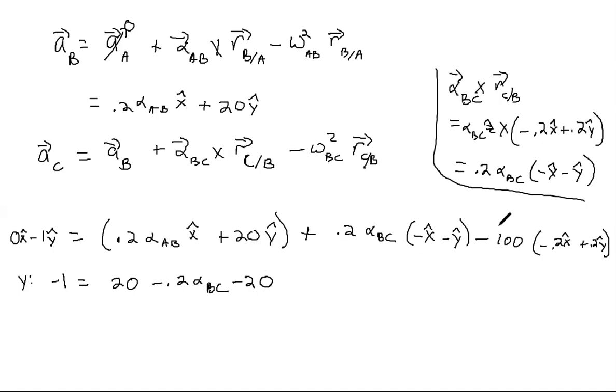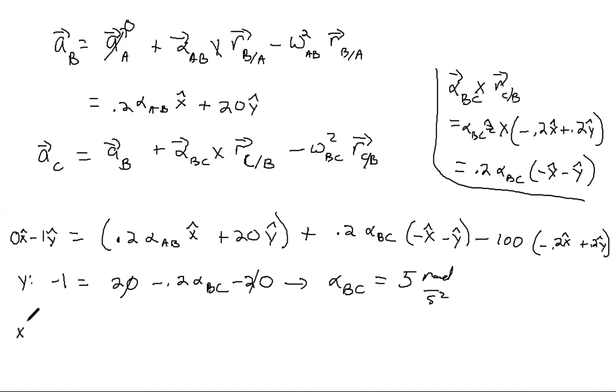Right? Because 0.2 times 100 is 20, and it's negative. And from that, I conclude that alpha BC, well, the 20s cancel, and I get alpha BC is going to be 5. And the minus signs cancel, so it's positive 0.5 radians per second squared.